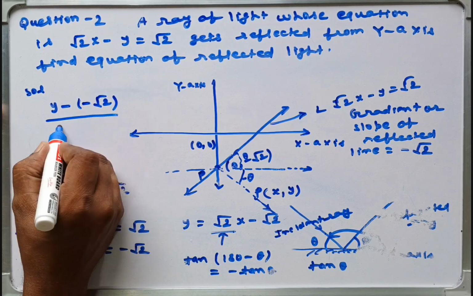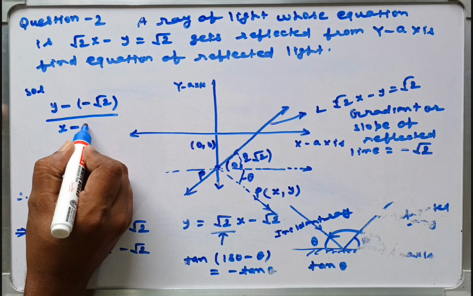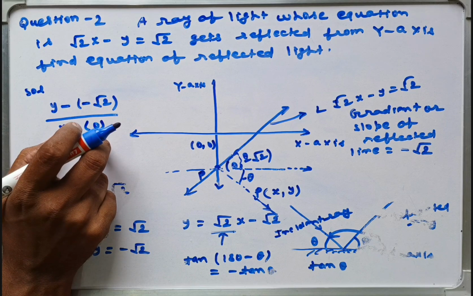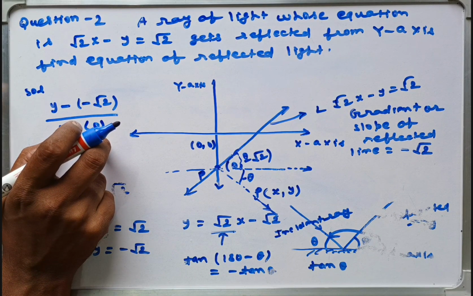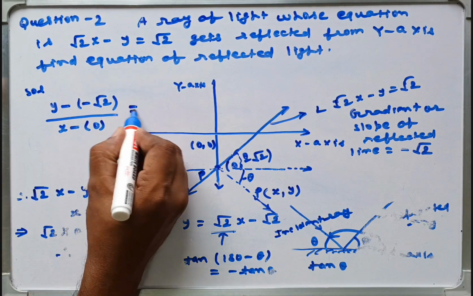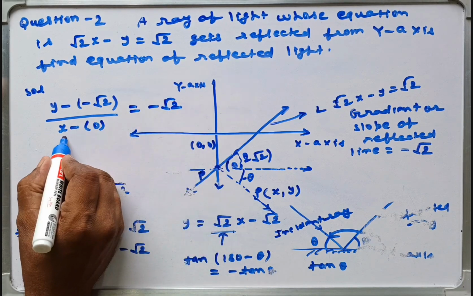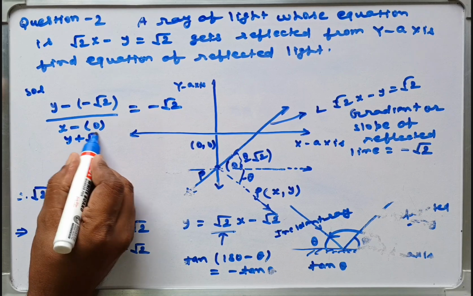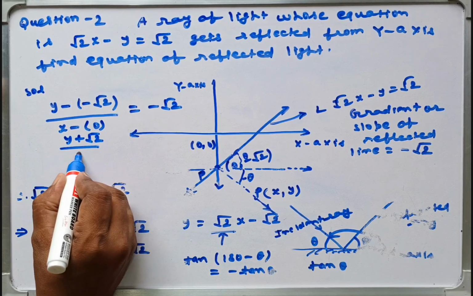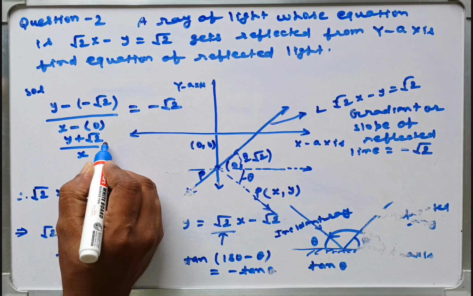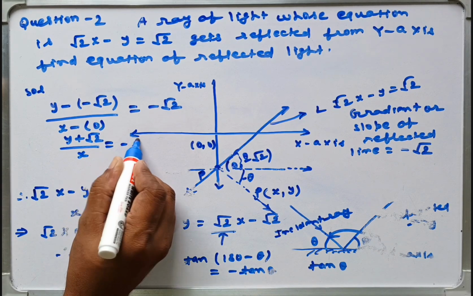So y plus root 2 divided by x equals minus root 2.